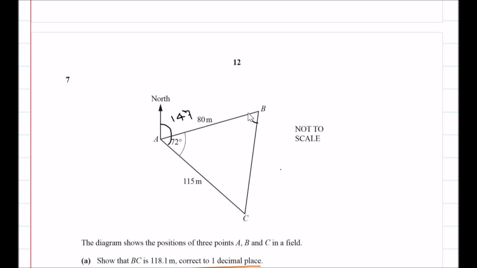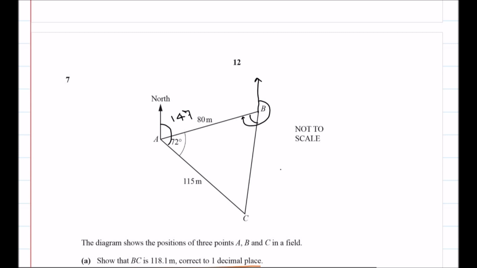They are asking A from B. So we need to draw a north line here, and we have to find this angle. Okay, angle B. See, now if we know this angle inside, on the left side of this B, we can find it by subtracting from 360.